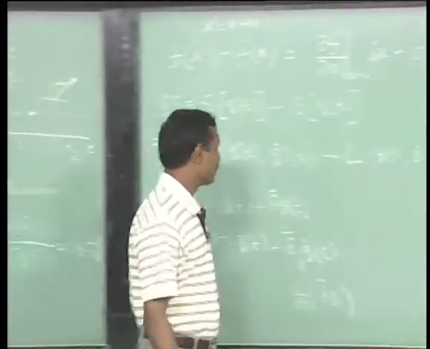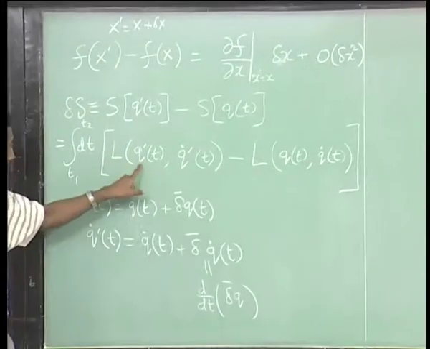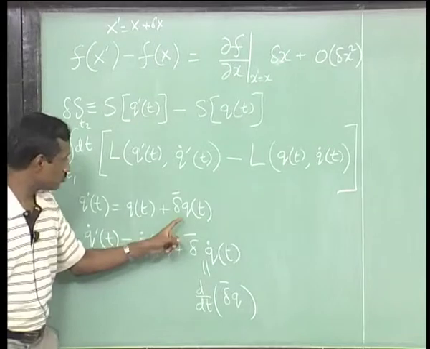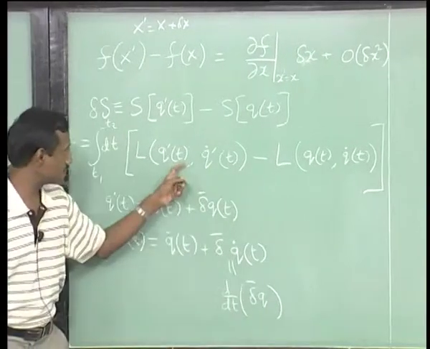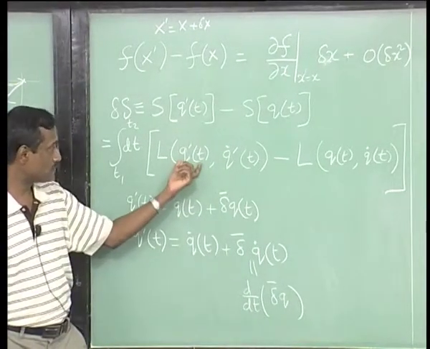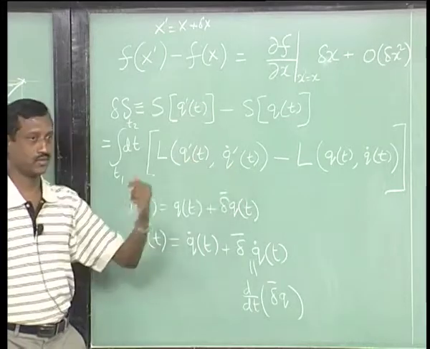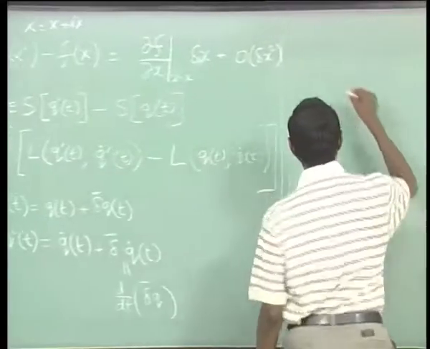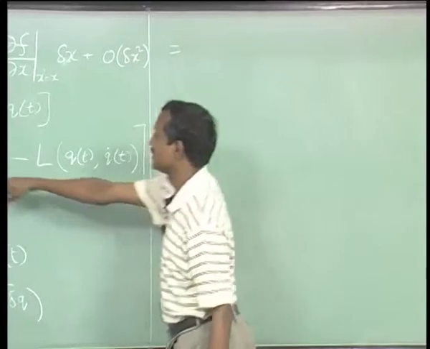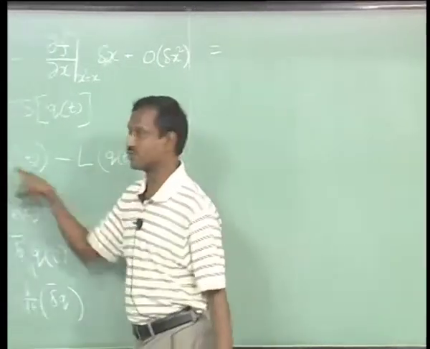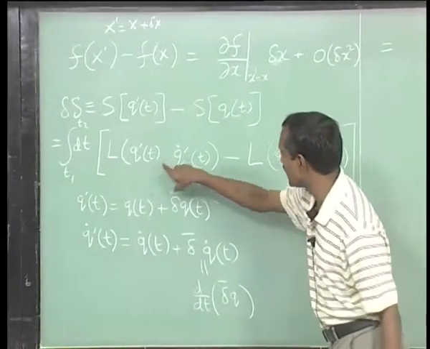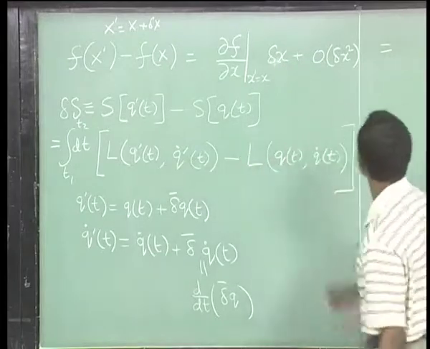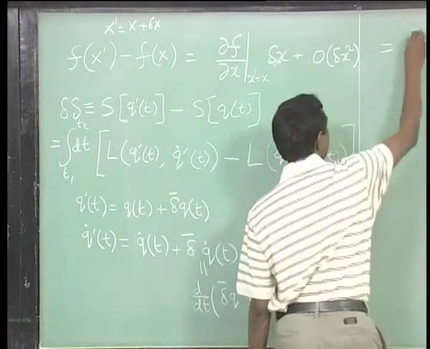So now you can see that there are two contributions which come here, one from the first argument changing and the second from the second argument. So let us put that in and expand this. This is just a function of two variables. We just need to Taylor expand this to first order.